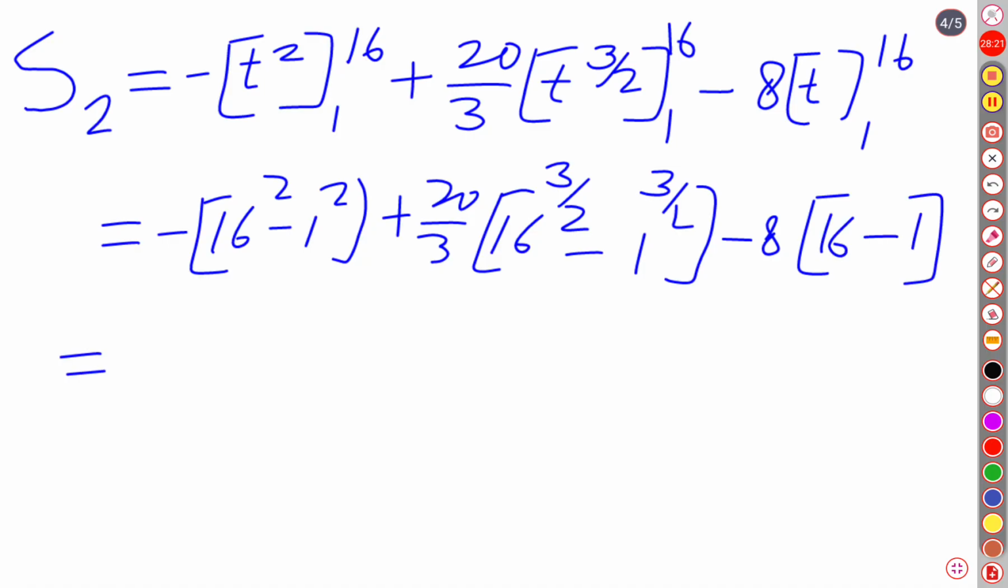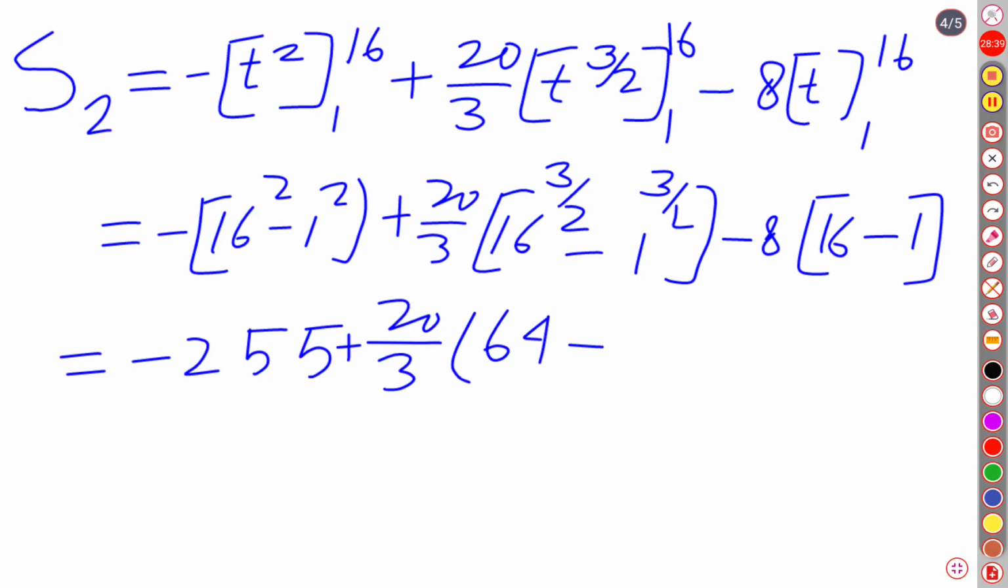Well, 16 square means 256, minus 1, so minus 255. In the second one, plus 20 over 3, and 16 raised to 3 over 2 is actually 4 cube, which means 64. So 64 minus 1, since 1 raised to something is 1, minus 8 times 15, because 16 minus 1 is 15.